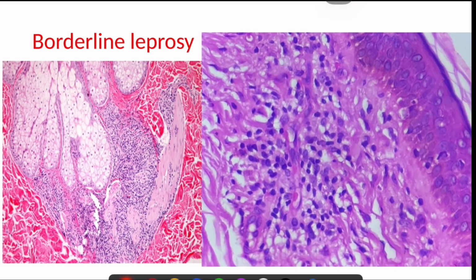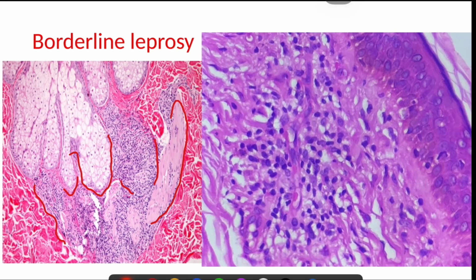So here in the borderline leprosy, appendages are surrounded by epithelioid cells and histiocytes and lymphocytes. There are erector pili muscles.